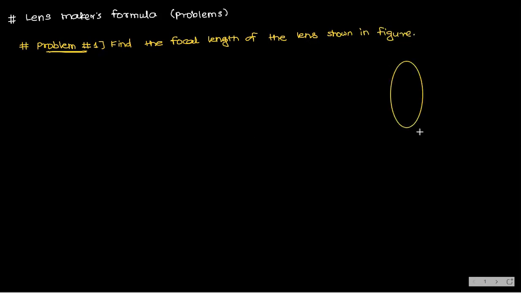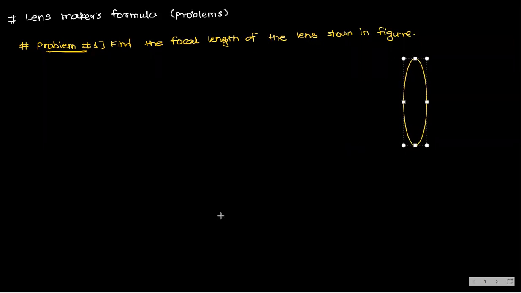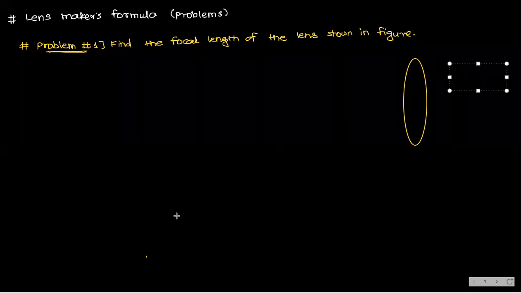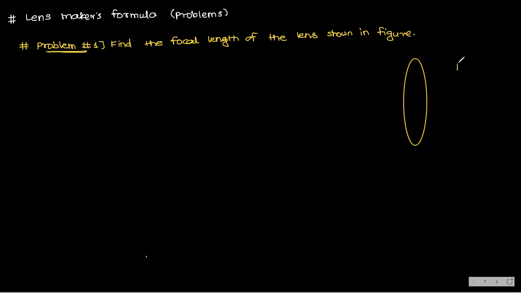So how they have given, this is a lens, and they have given the radius of curvature R equal to 10 centimeter for both, that is R1 is equal to R2 is equal to R. This is an equiconvex lens, so R1 is equal to R2 is equal to 10 centimeter.